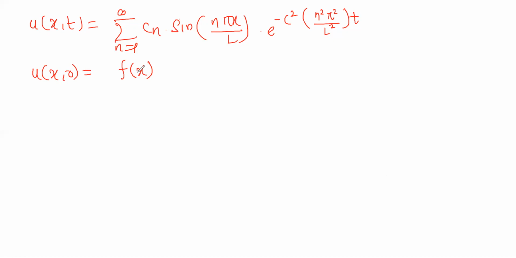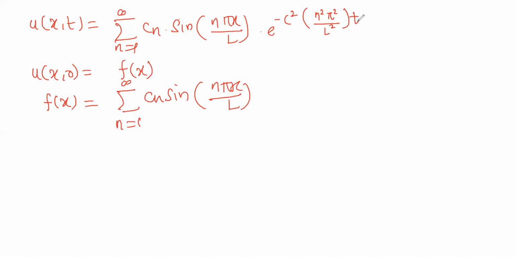Now to apply this, in place of t, we will put 0. So I'll be getting here f of x equal to the summation n equal to 1 to infinity of Cn sine n pi x upon L, and if I put t to be 0, then the exponential quantity will become 1. So this is a Fourier sine series.